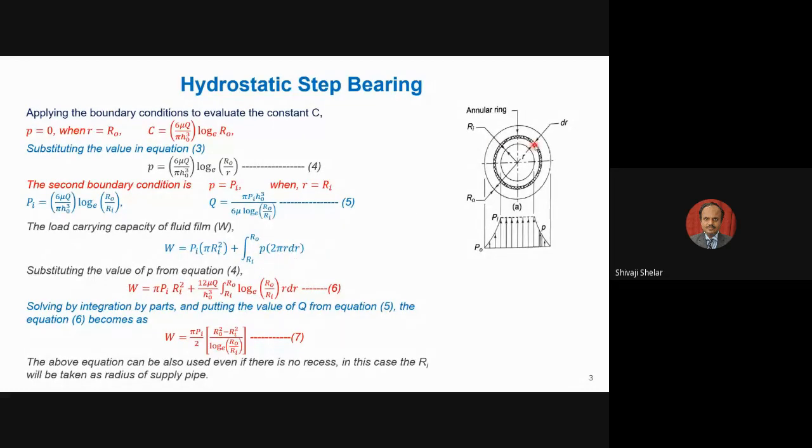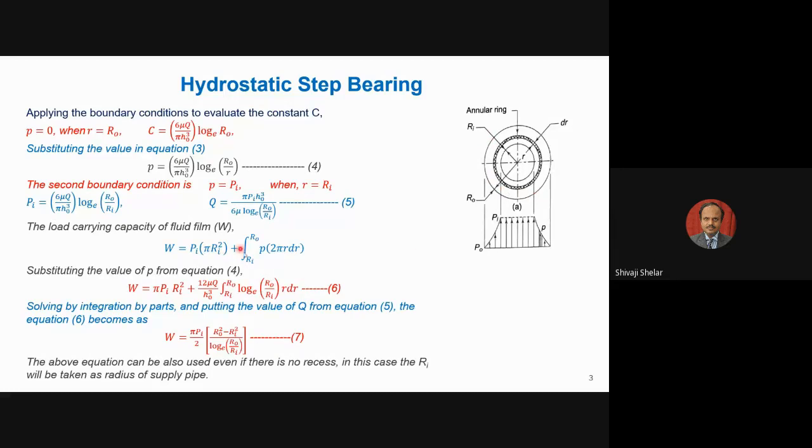You are considering an element having dr, so the elemental area is 2 pi r dr, a rectangular area. You can integrate this between Ri and Ro, and you can determine the load carrying capacity of the hydrostatic bearing or step bearing. This is the load carrying capacity relation we are looking for the circular step bearing.